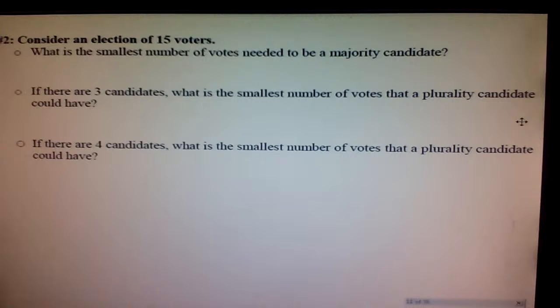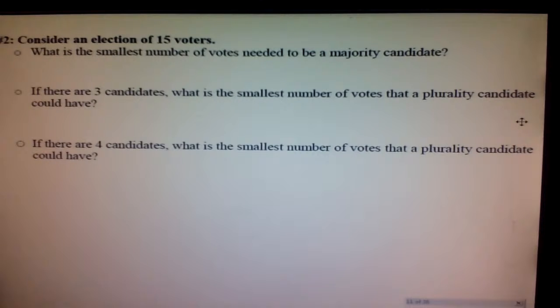Okay, this is good. So 7.5 is half. You need more than that for a majority. Can't have point something of a person, so we need to look at the next whole number. Majority. Perfect. You are golden. Except for that little thing at the bottom.